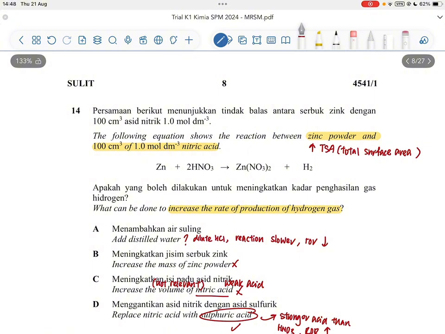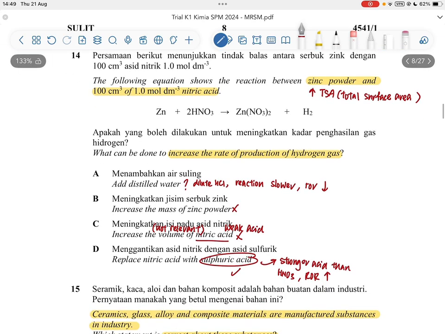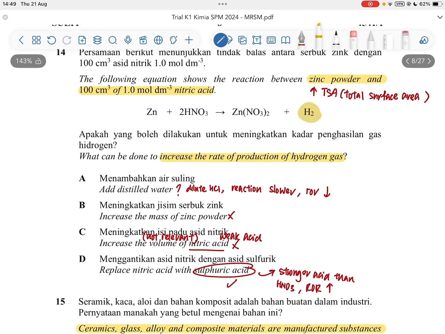Okay, question 14 gives us the equation showing the reaction between zinc powder and 100 cm³ of 1.0 mol per dm³ nitric acid. The question is asking how we can increase the rate of production of hydrogen gas. Here is the hydrogen gas, so this is the product.